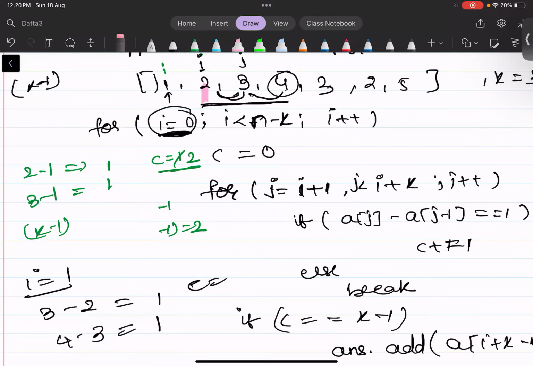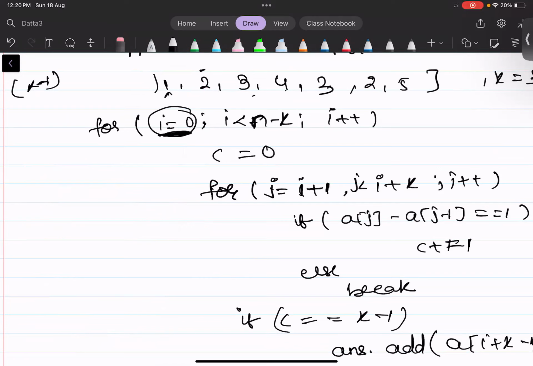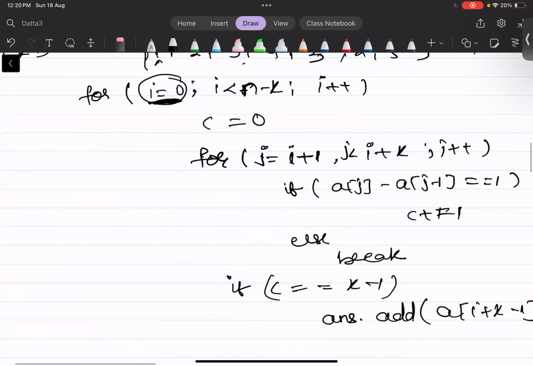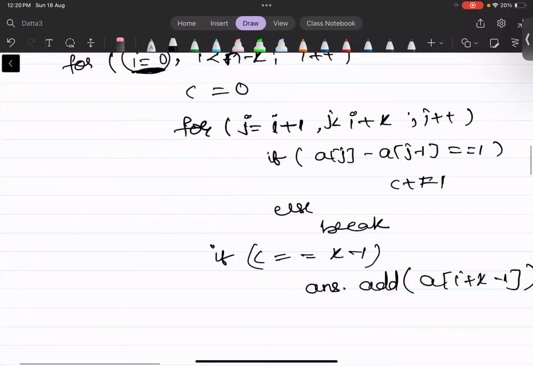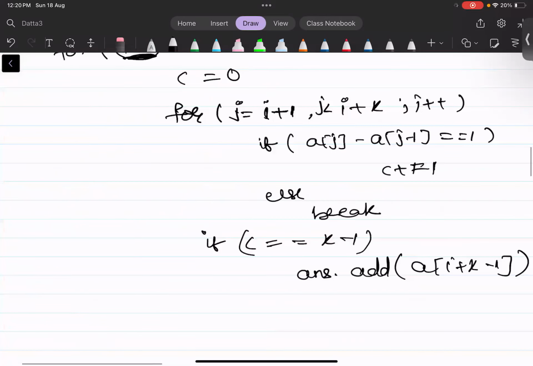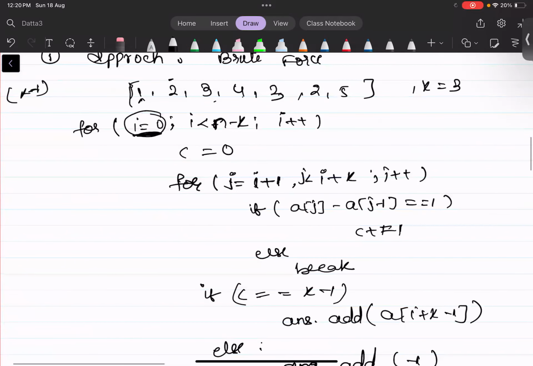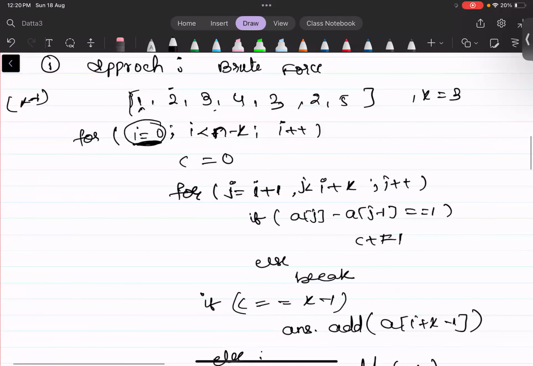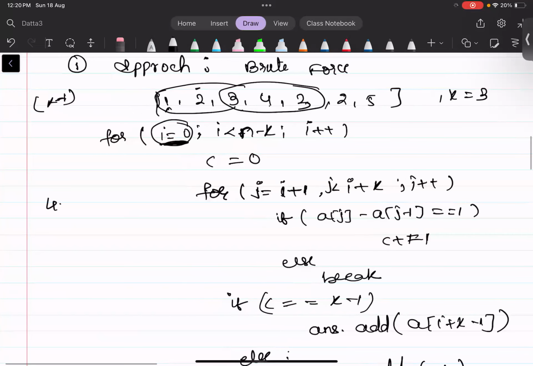Okay. So for every i, I am going to check the k-size subarray. Else, if this is not the case, I am going to add minus 1. Because let's say if we take this subarray, initially my i is at index 2, my j will be at this particular index.